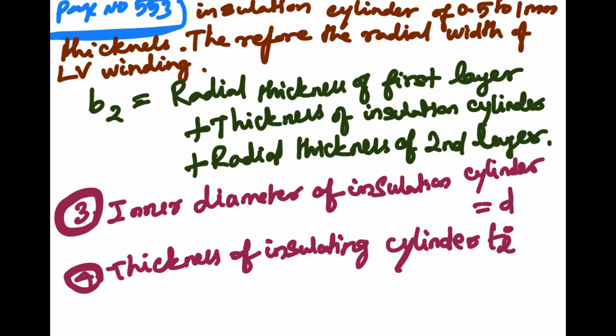Third step, radial adjustment of LV winding: inner diameter of insulation cylinder is equal to small d. Fourth step: thickness of insulating cylinder is Ti.